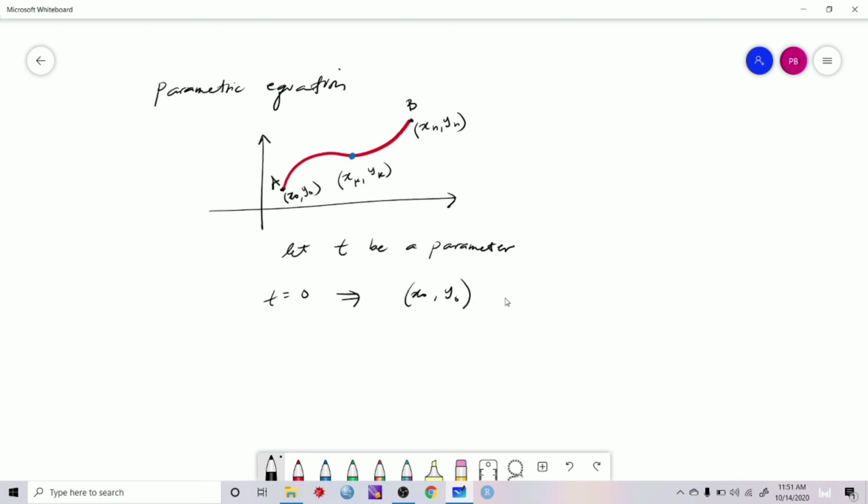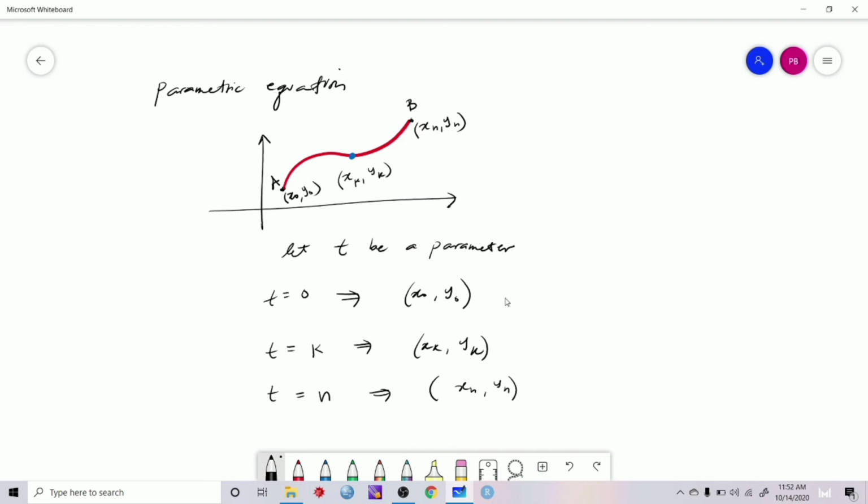At t equal to, let's say, k, we are at the point (xk, yk), and if we have t equal to n, we have the point (xn, yn).